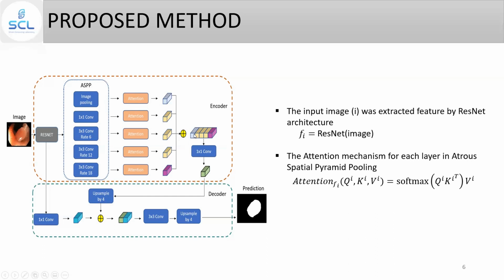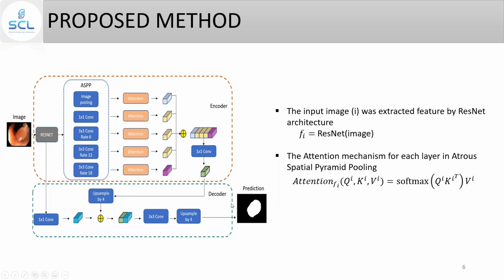After that, we concatenate the outputs from the layers of the ASPP model. Then we get the output of the encoder path.